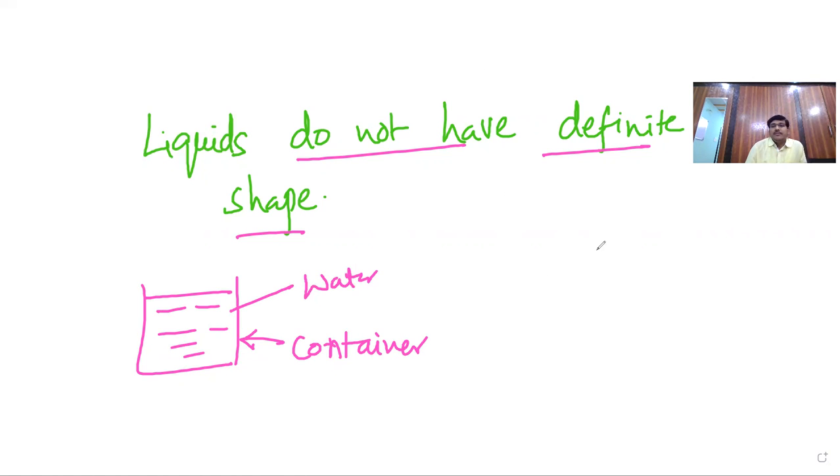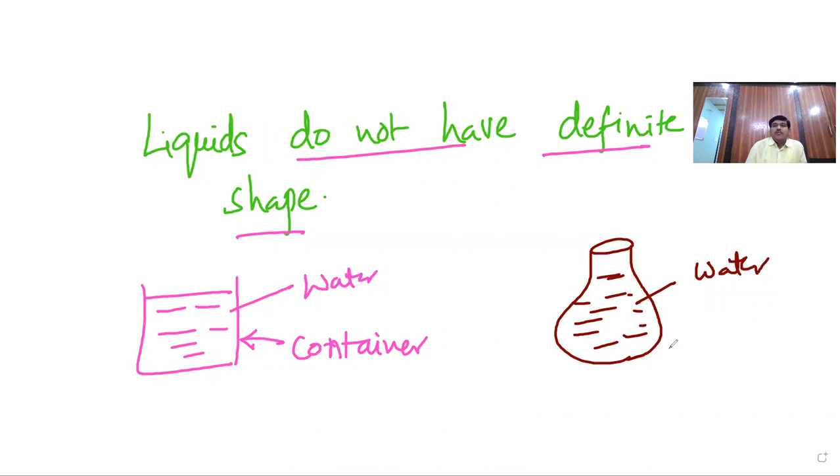Suppose I take a vessel like this, and I fill the water in this vessel, the water occupies the shape of this vessel. So no definite shape. Liquids occupy the shape of the containers or vessels in which we pour. No definite shape, but they have definite volume.